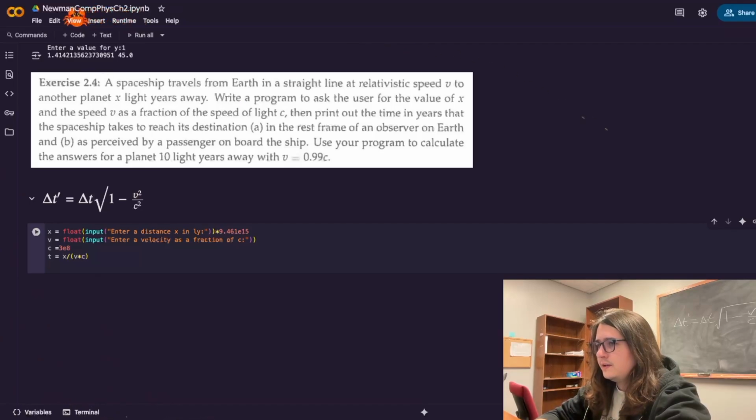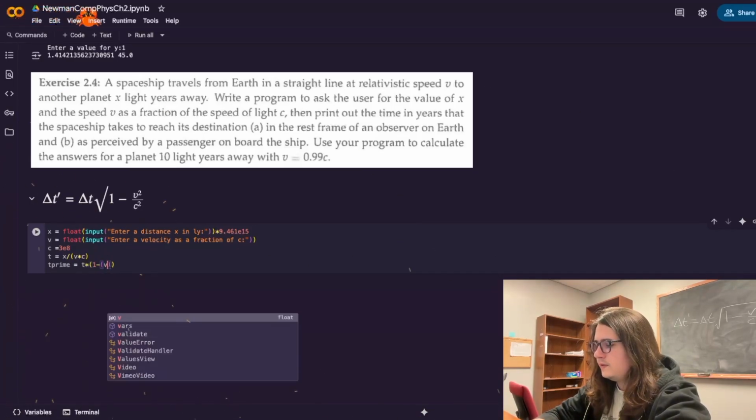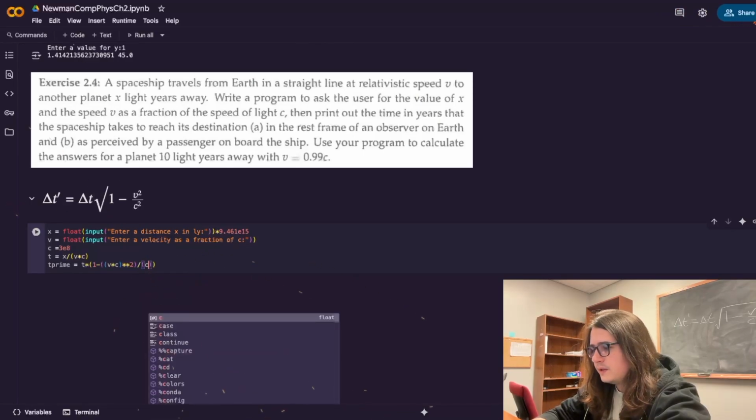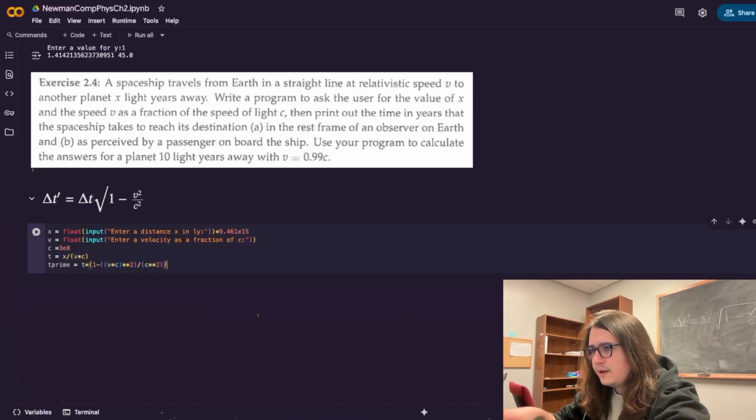Okay, then t prime will be given by the equation up there, so just t times the square root of something, so it's going to be 1 minus v squared, and then let's make sure that it's actually v times c all squared, and then divided by just c squared, and then all raised to the power of 1/2. That should do it. Okay.